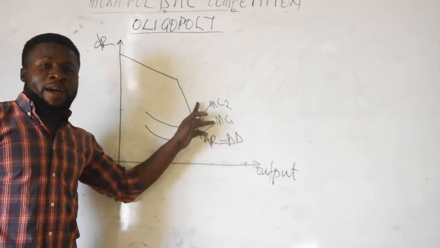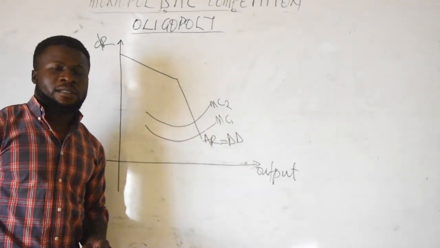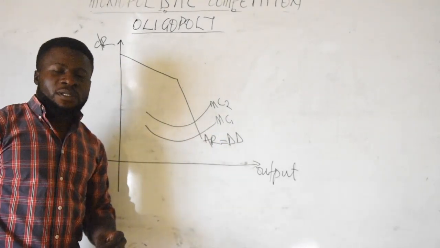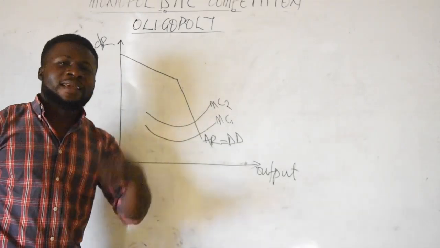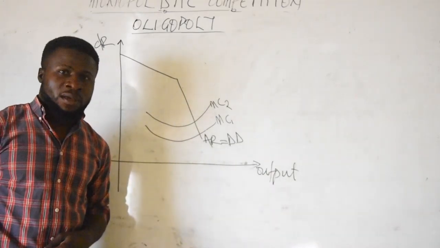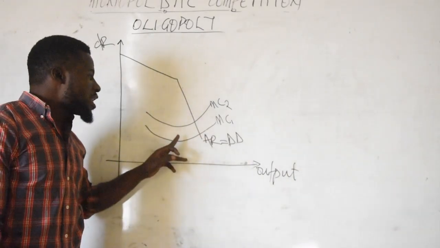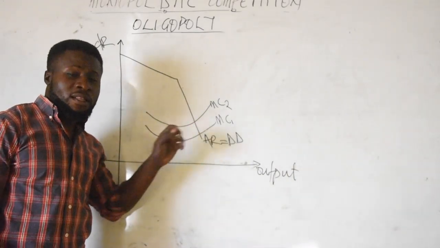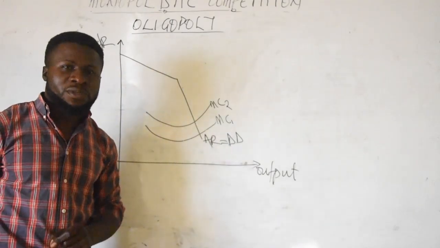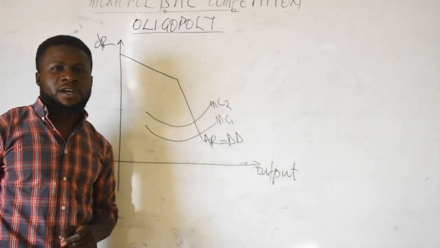Now, these two marginal cost curves are there to explain that even if the firm's cost of producing an extra output were to change, we know that the cost of an extra output is marginal cost. That is to say, even if marginal cost were to rise, the firm will not change its output, and it will not also alter its price.